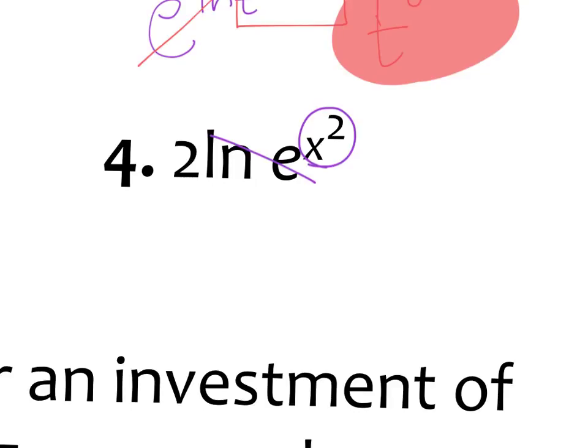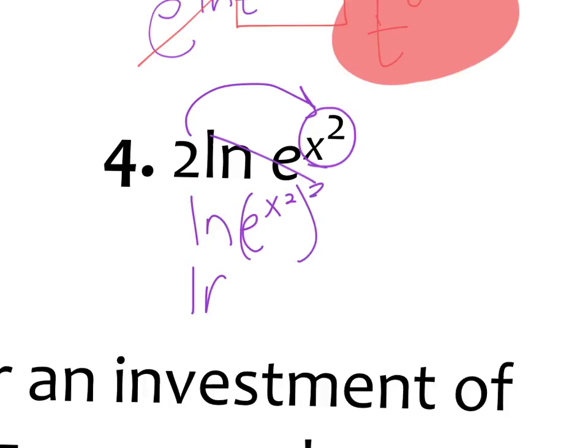You mean if you move it first? Yeah. So if you move it first, it ends up being different. If I move it first to the exponent, e to the x squared raised to the power of 2, this would be ln of e to the, you'd multiply that, right? So you're raising a power to the power, which is x to the 4th. And then you can cancel it out and keep it as x to the 4th. So it depends on the order that you do it in.